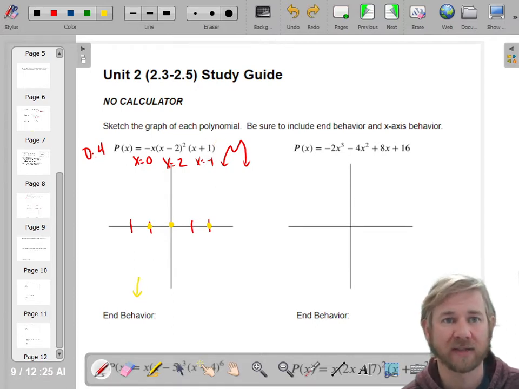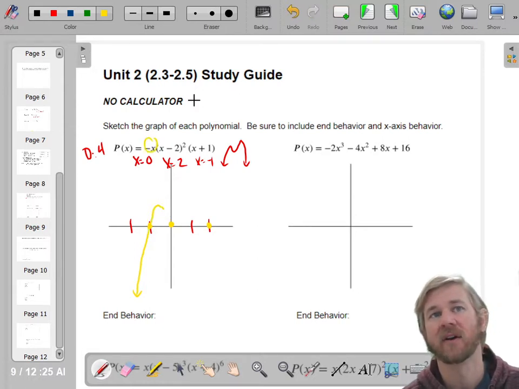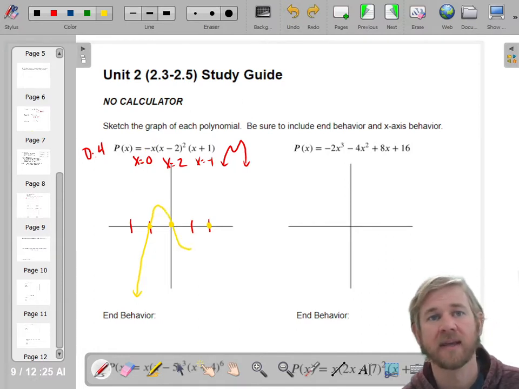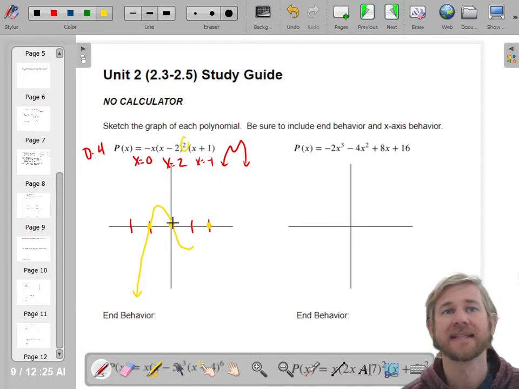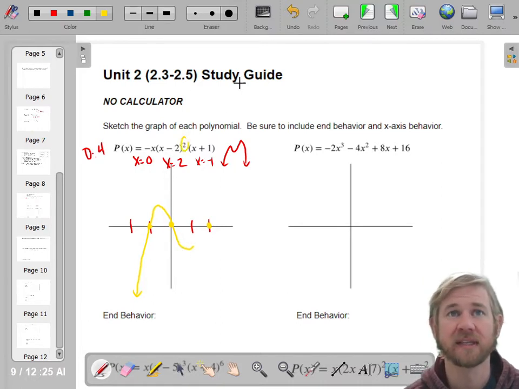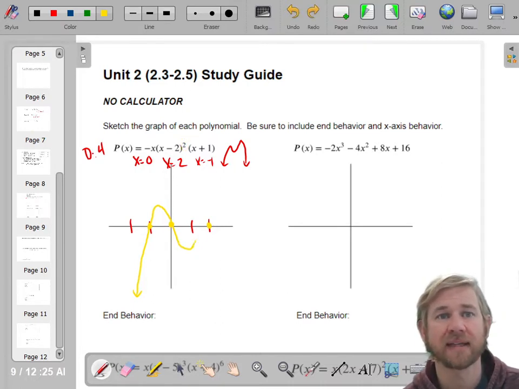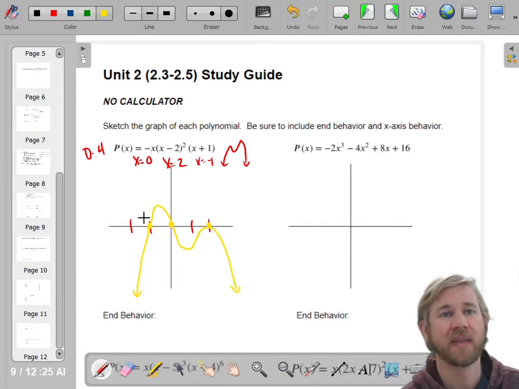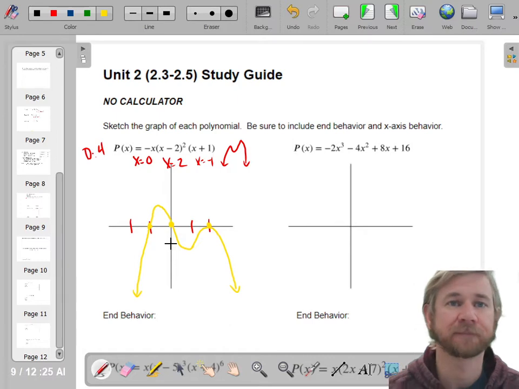So we're going to pass through. Then we're going to turn around. And when we get to 0, that's also an odd degree multiplicity. It's x to the first. So 1 is odd, so we pass through again. And then we go back for the third 0. This is an even degree multiplicity. 2 is even, which means when we hit that x-intercept, it's going to bounce off. So you have a bounce at 2 and then a pass through at negative 1 and 0.